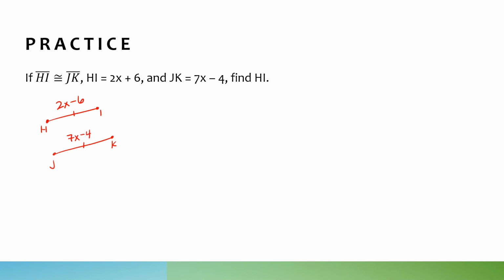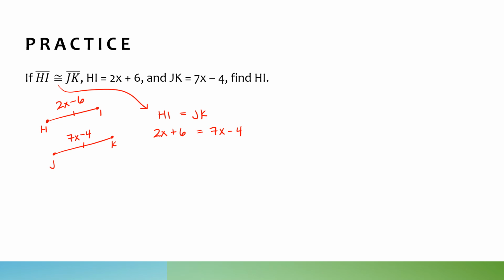Okay, and I've gone ahead and used one tick mark through these segments to mark them in the diagram as congruent. Now, if we know that these are congruent segments, then again, we know their measures are equal, which also means their measures 2x minus 6 and 7x minus 4 are equal. So here is another algebraic equation that we can solve.